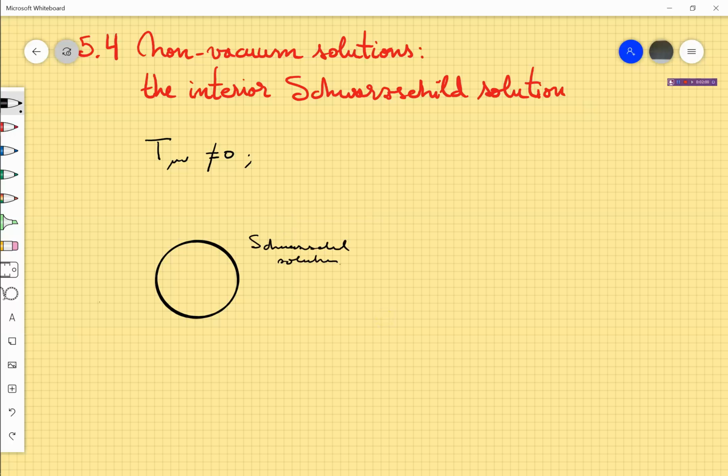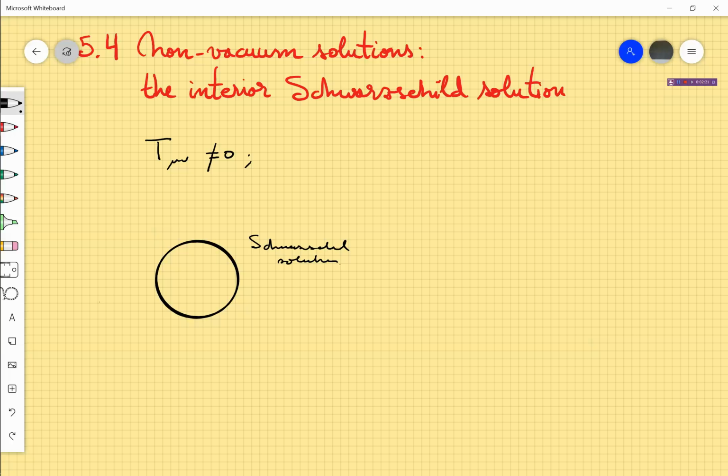So what happens inside? This kind of problem you have, I'm sure, solved in electromagnetism. You have charge distributions of a certain kind, and you compute the electromagnetic field, usually an electrostatic field, outside of the charge distribution.